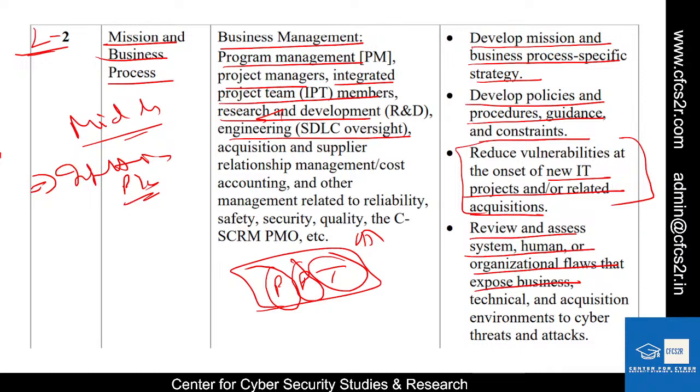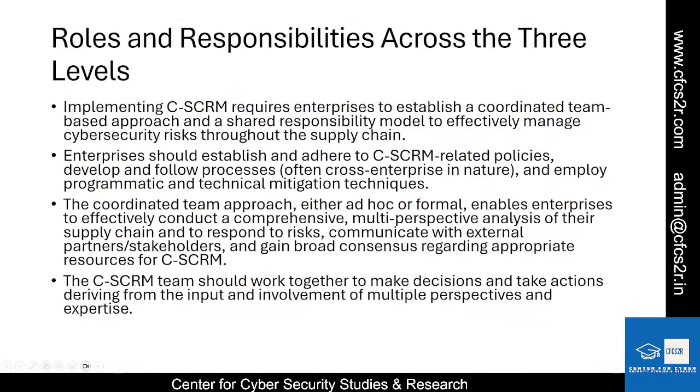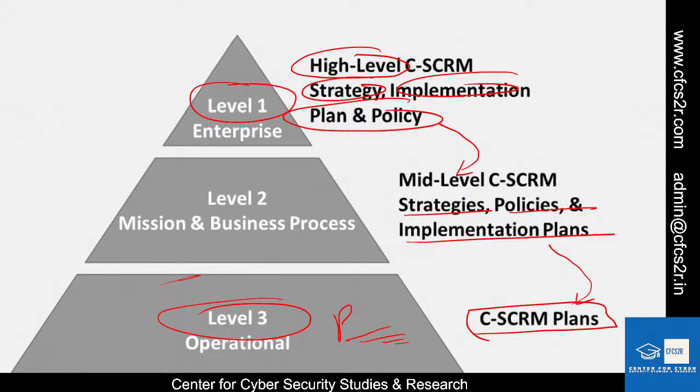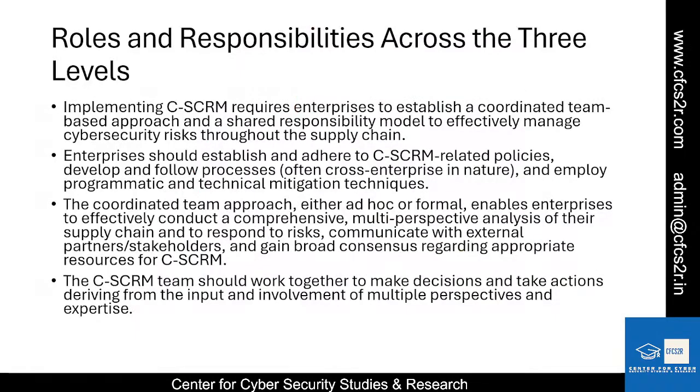This is very important: it should report to level 1, and it should also act on reporting from level 3. Because if you see the previous picture, the person in level 2 should report to level 1 with updates, and take inputs from level 3 also. So level 2 has a very important responsibility because they have to respond to both level 1 and level 3.